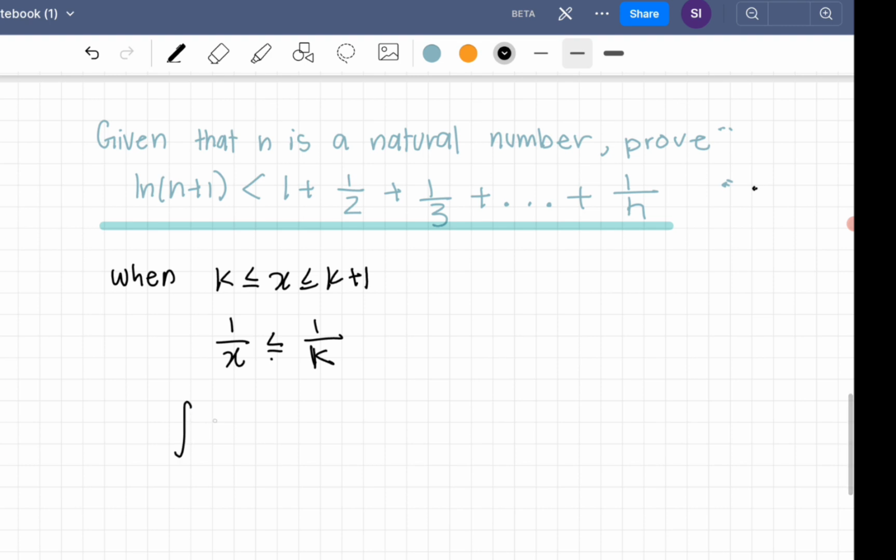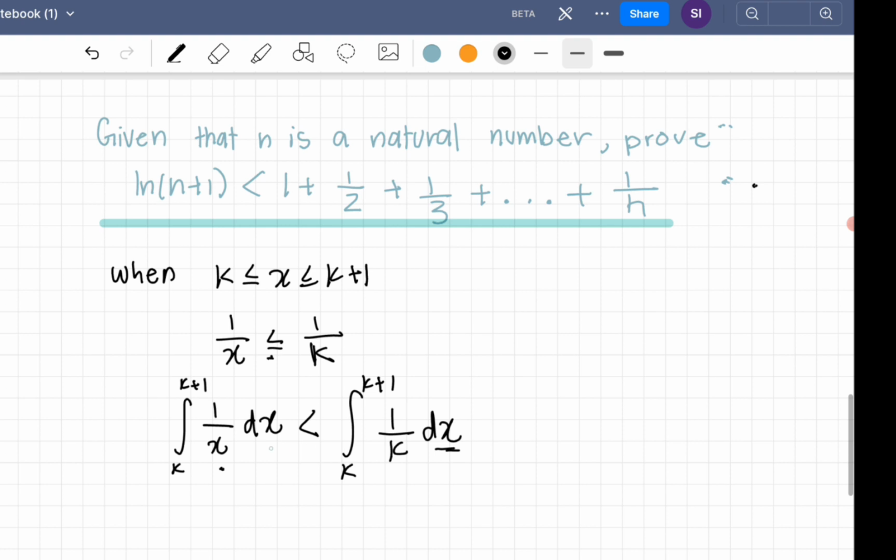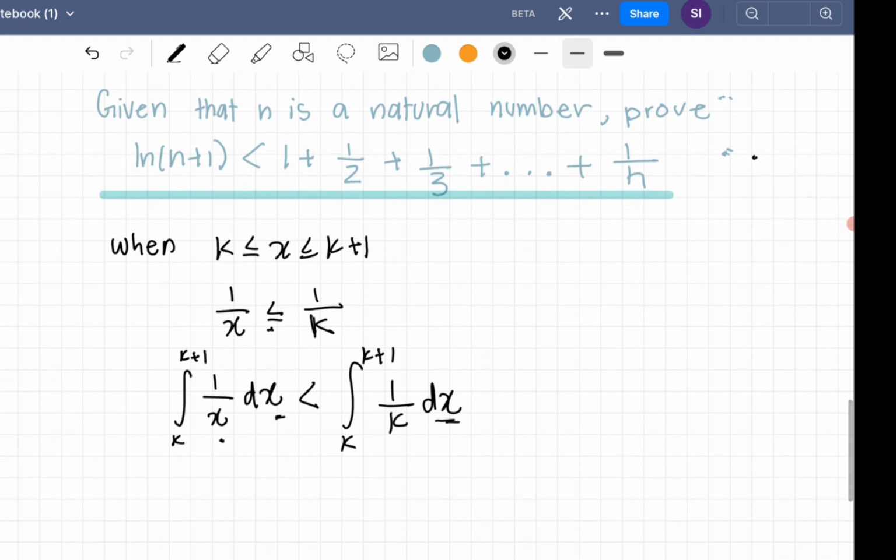So we do the integration from k to k plus 1 of 1 over x dx is less than, remember, we get rid of the equality sign because it doesn't hold true for all the values of x, is less than the integration from k to k plus 1 of 1 over k dx. And we always take the integration with respect to x, or whatever variable you have over here.